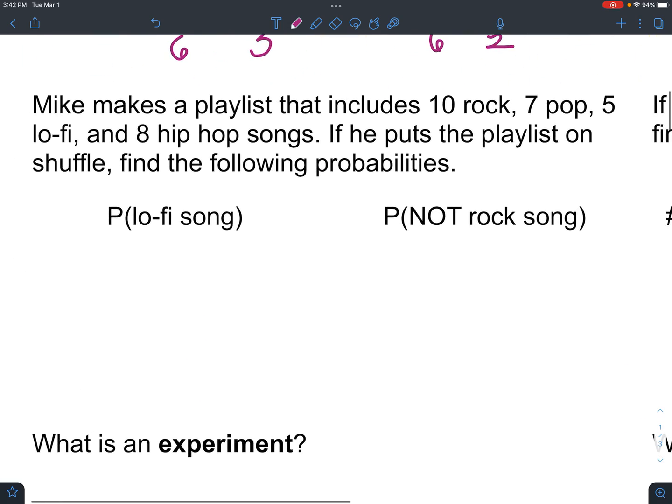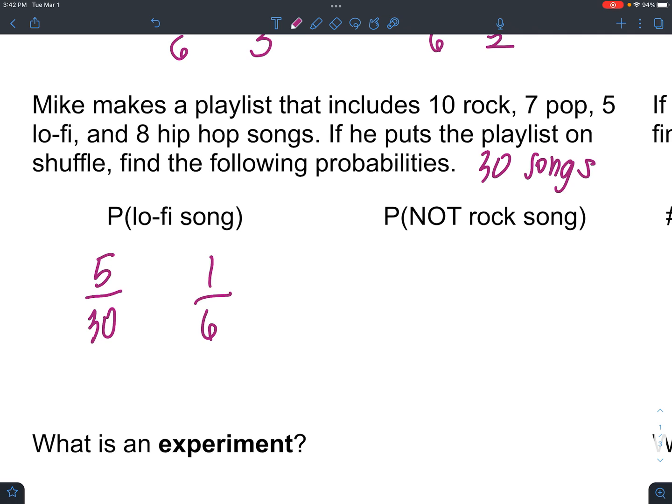Okay. So let's say we have a playlist of some songs. You got 30 songs, all those added together. And what's the probability you get a lo-fi song if you hit shuffle? Well, there are 5 lo-fi songs out of 30, so a 1/6 shot that you'll play a lo-fi song when you hit shuffle at the very beginning.